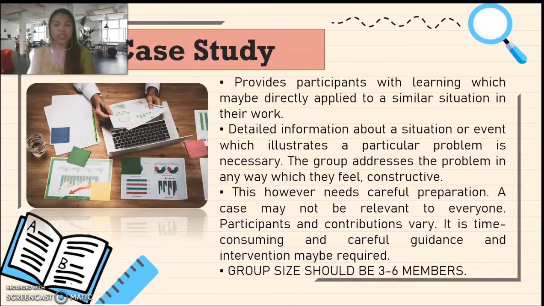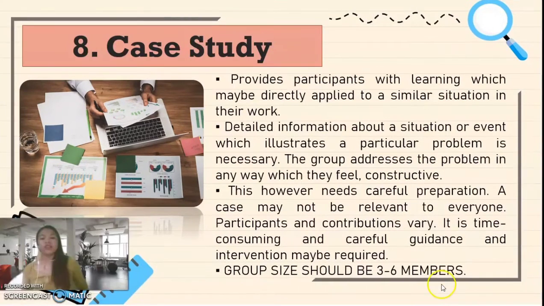Next is the case study. A case study provides participants with learning which may be directly applied to a similar situation in their work. Detailed information about a situation or event which illustrates a particular problem is necessary. The group addresses the problem in a way which they feel is constructive. This, however, needs careful preparation.